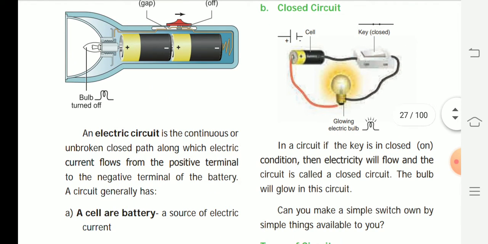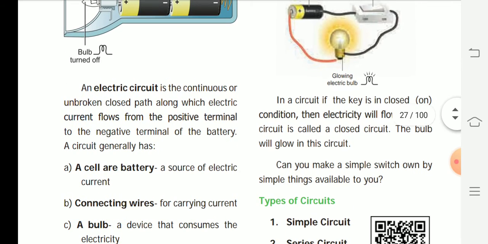An electric circuit is the continuous or unbroken closed path along which the electric current flows from the positive terminal to the negative terminal of the battery. What does a circuit generally have?